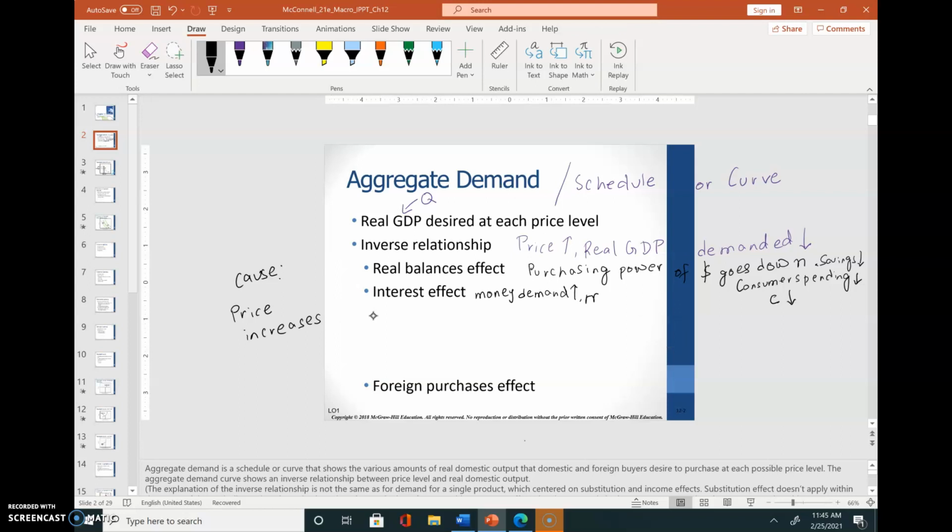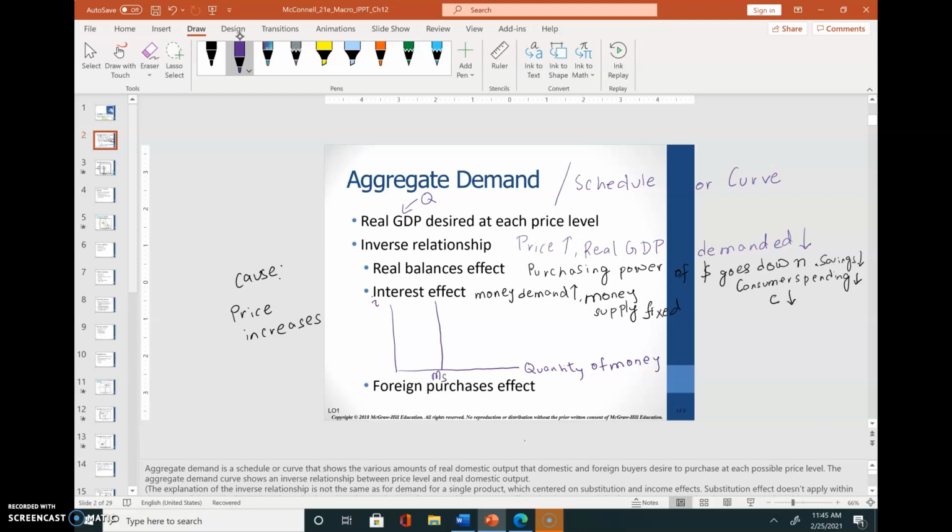Just remember that money supply is controlled by the Federal Reserve Bank. This is fixed. So basically the graph is like this. We have interest rate on the vertical axis, and we have the quantity of money on the horizontal axis. So this one is my money supply curve.